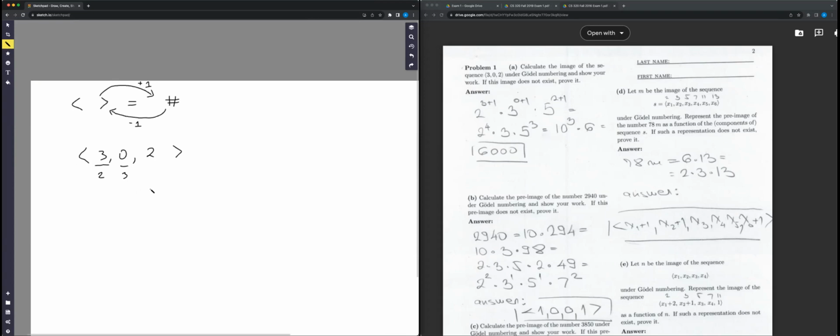What we're going to do is take these numbers and treat them as the exponents, and the position represents which prime it's for. So this is 2 to the 4th, this is 3 to the 1st, and this is 5 to the 3rd. How did we get this? We added 1 to the exponents. These are our values for the exponents, and we know the bases because of the positions.